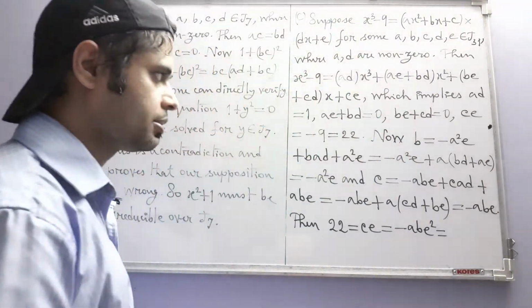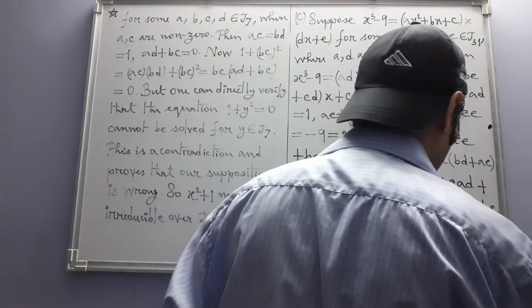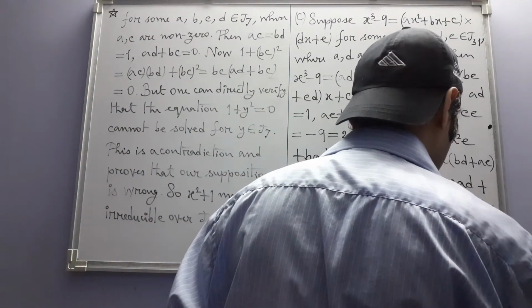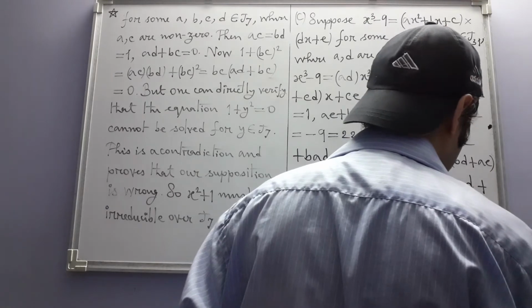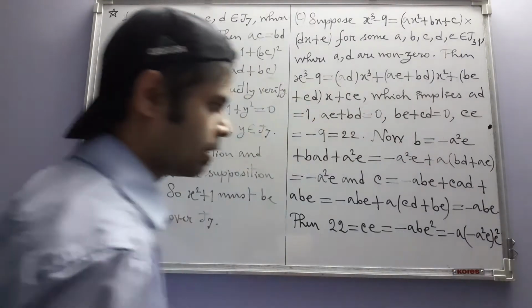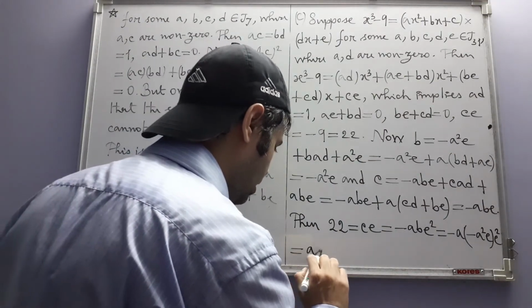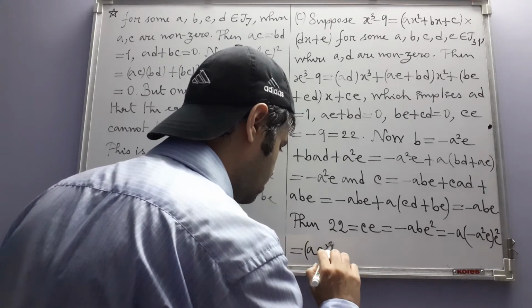Now you can replace the expression for B. Minus A times minus A square E times E square. So this becomes equal to AE whole cube.